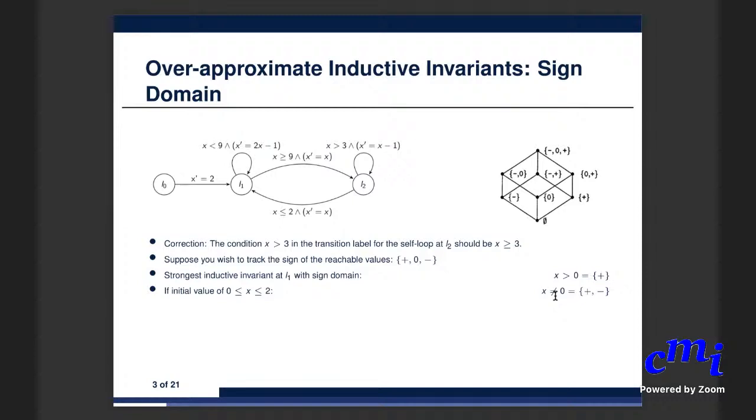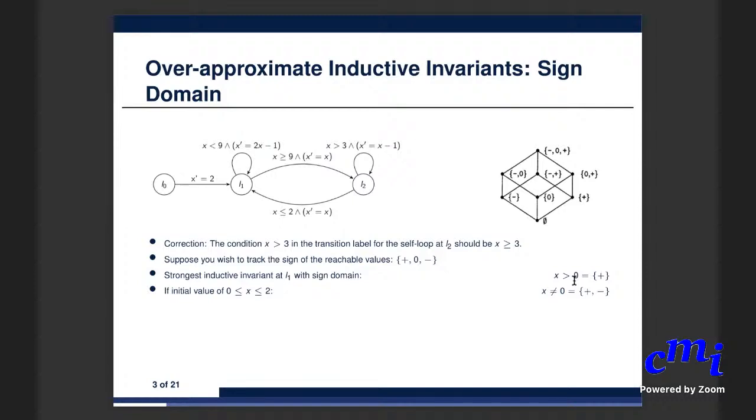These invariants are what I call over-approximation, because they include not only the actual values that the program can take, but they guarantee to include those and possibly more.